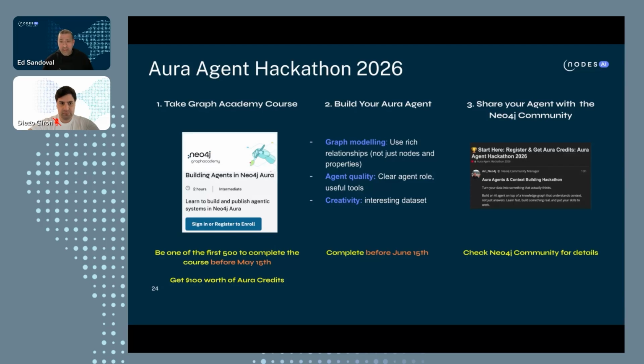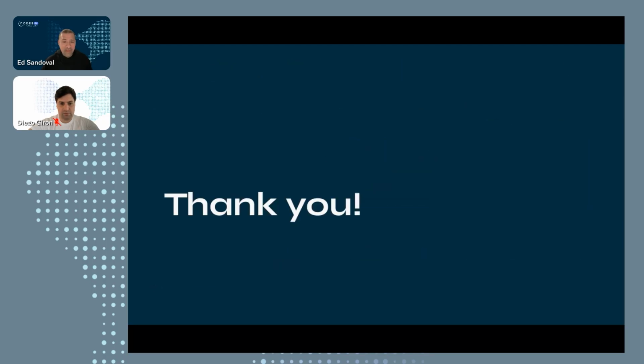And once you build your agent, you will have until June 15 to tell us about that agent. Share it in the Neo4j community, and there will be tons of cool prizes on offer. Please check the Neo4j community for all of the details of this hackathon. But the first step is to complete the course and learn about our agents.